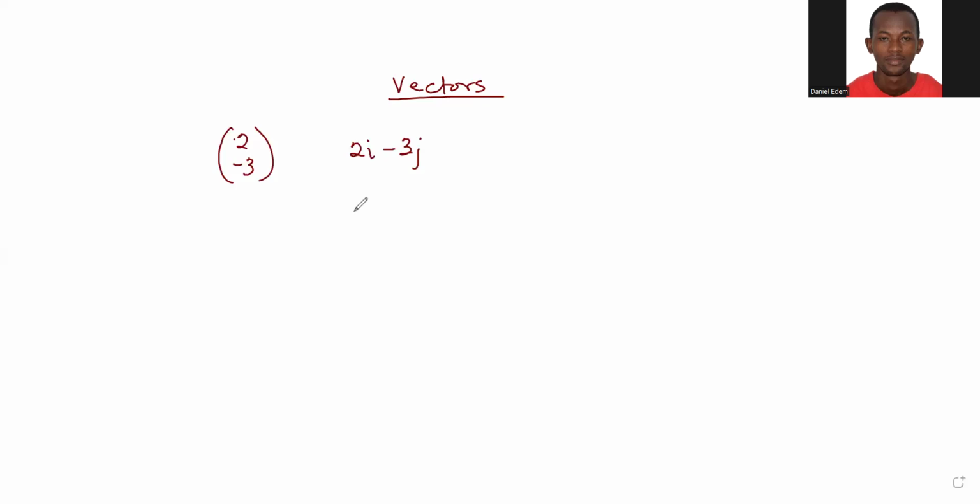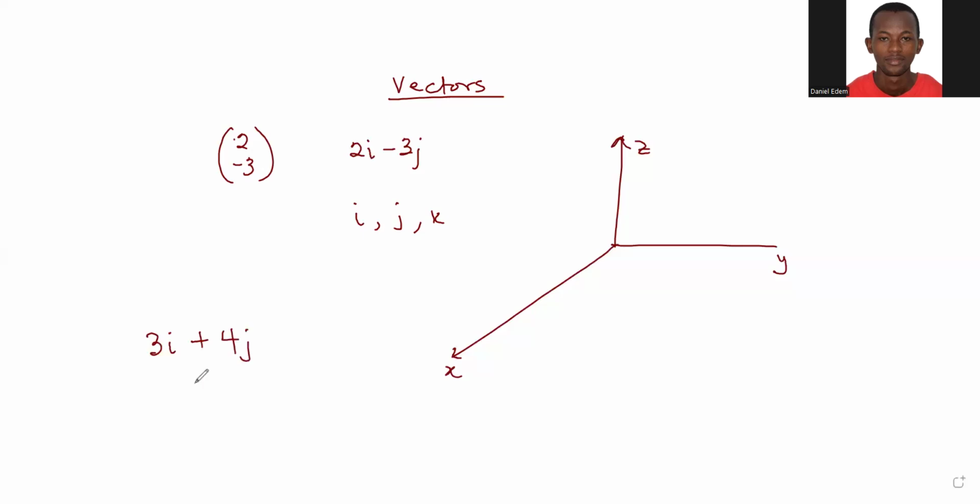If it is i, j, k, it is now in a 3-dimensional plane, where it moves in the x, y, and z directions. So when I give you 3i plus 4j, it means the vector is actually 3, 4. Take note of that.